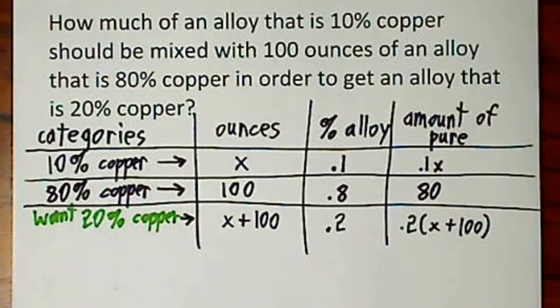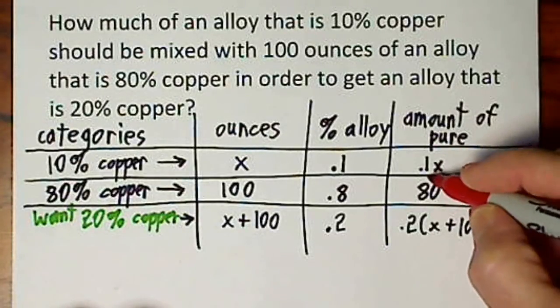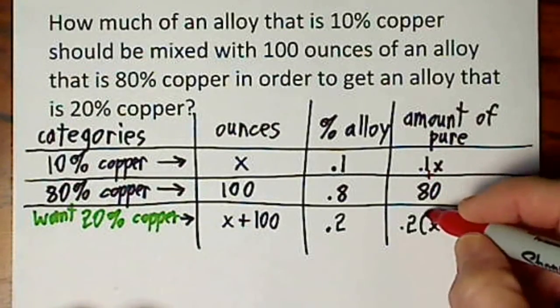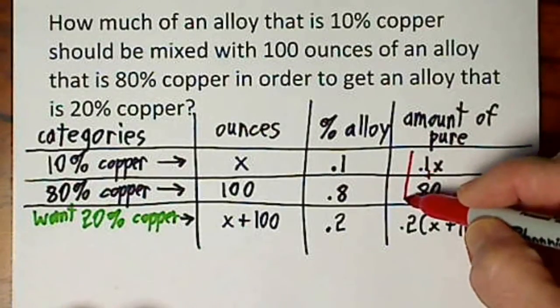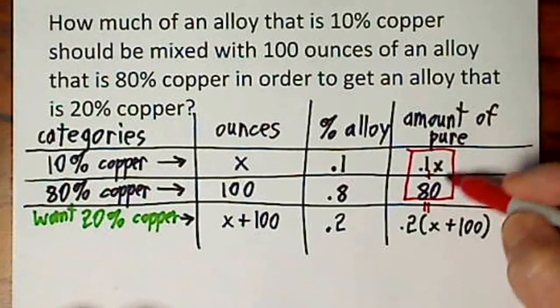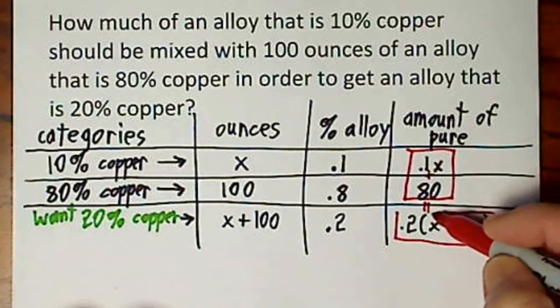Okay? And again, this chart is just to help organize my thinking. If I add this to this, it's going to be equivalent to that. All right? So the sum of these two is equivalent to this.